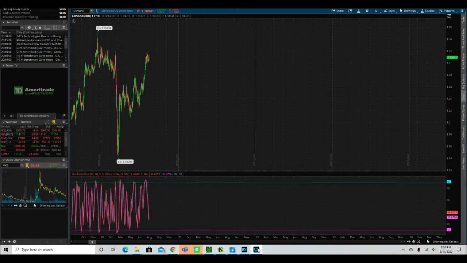So with that said, I wanted to show you guys really quickly what I do when I place trades, or what I'm looking at. So here we go. Mind you, you have fundamental analysis and you have technical analysis. Fundamental analysis is when you're looking at a company's financials, their balance sheet.